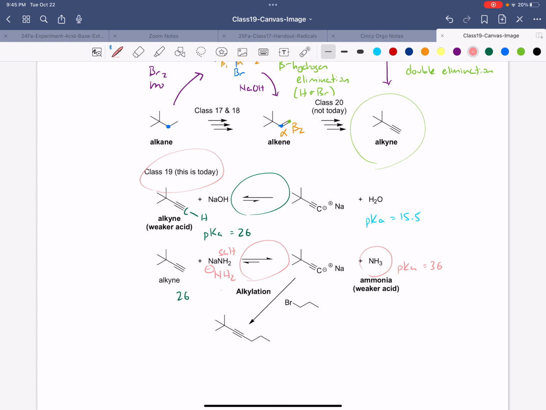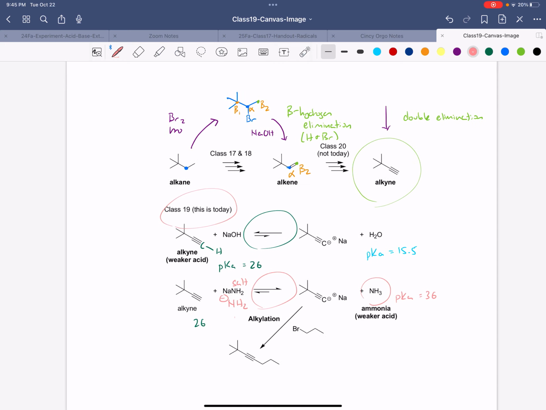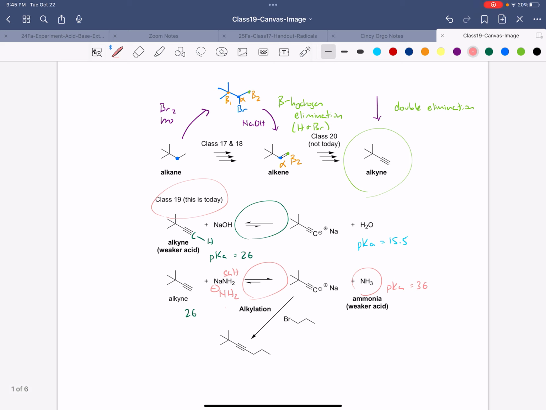And then after acid-base, we're going to talk about alkylation. If there's anything you will need to know about alkylation right now before class, it is that this carbon is the attackee. Maybe I should tell you the attacker. The attacker is this lone pair.